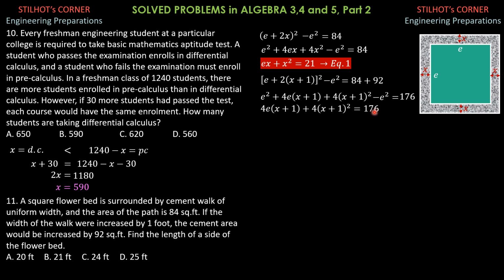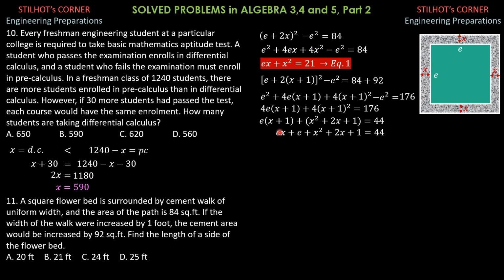Divide everything by 4, at the same time distribute and expand. So we have e times x plus 1, plus x squared plus 2x plus 1 equals 44. Take note that we already divided everything by 4. Then we have ex plus e plus x squared plus 2x plus 1 equals 44.